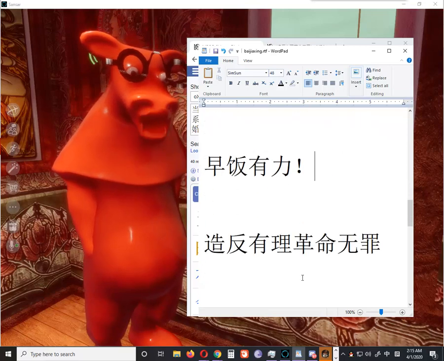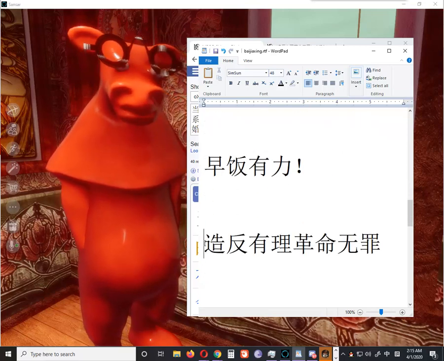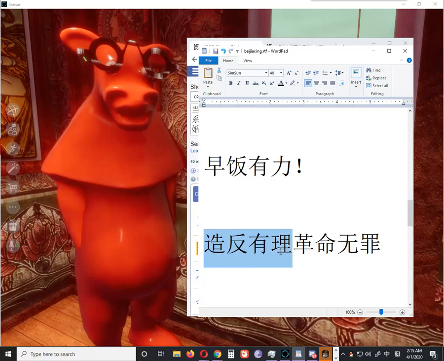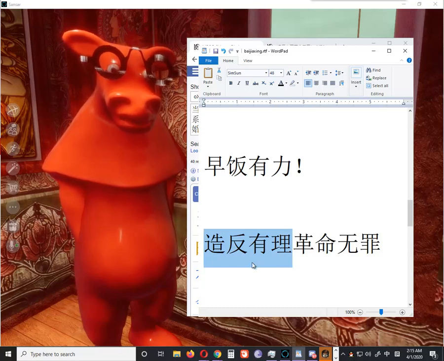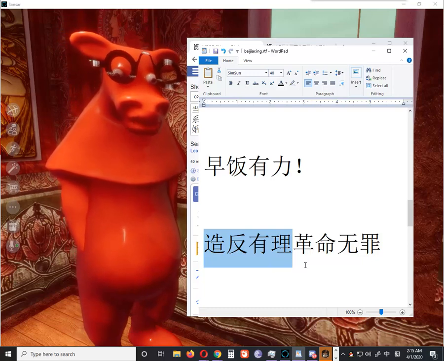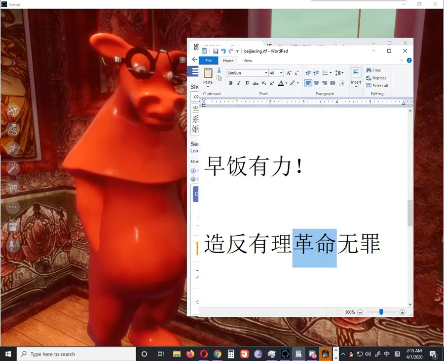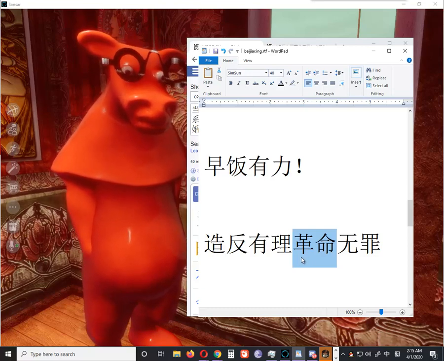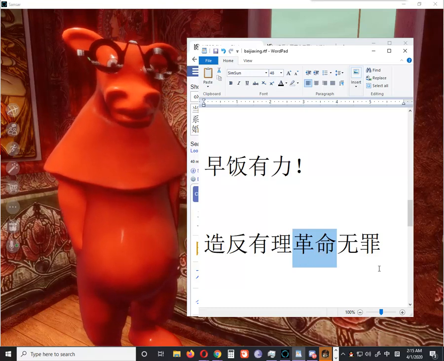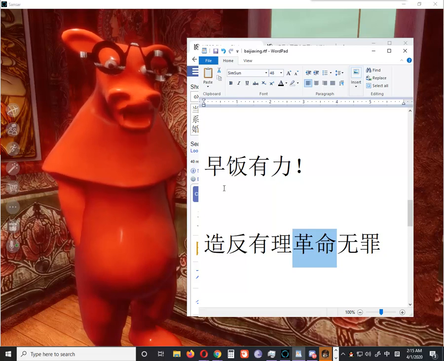Because what he really wanted to say was 造反有理, right? To rebel is justified. 革命无罪. Okay, so instead of 早饭有力, we want 造反有理.